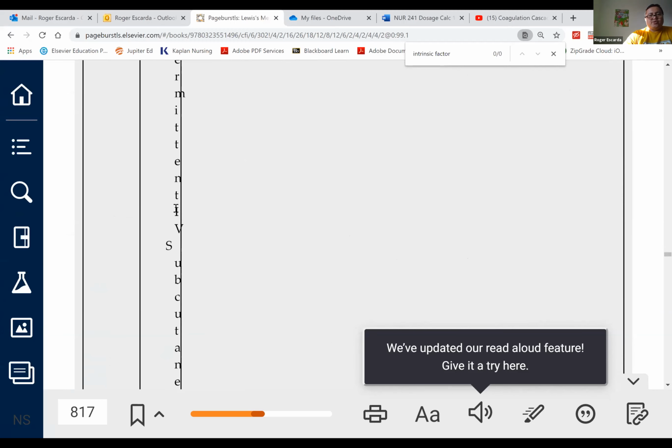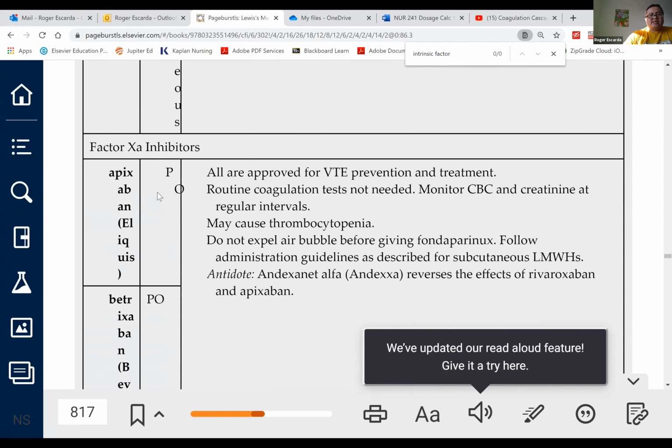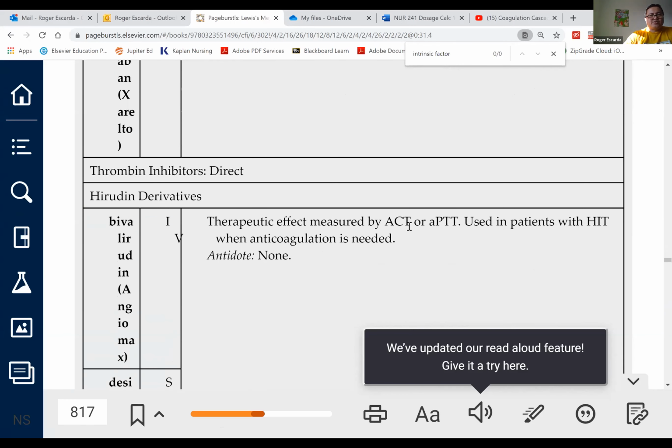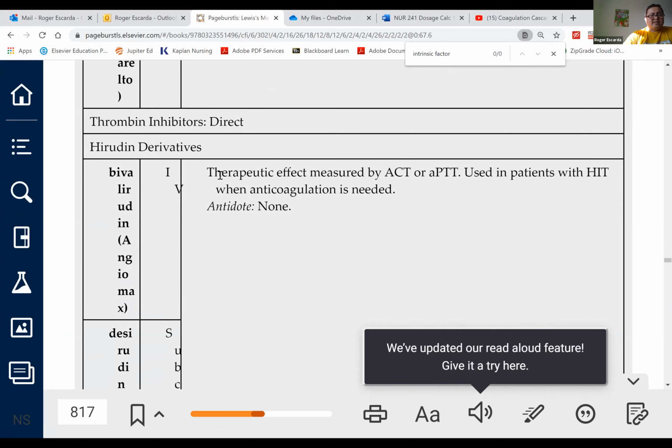So other drugs used are indirect thrombin inhibitors. We don't use the direct thrombin inhibitor for DVTs. Angiomax, which is bivalirudin, is used most frequently in cardiac cath to prevent clots at the cardiac cath site when they take you in the cath lab.